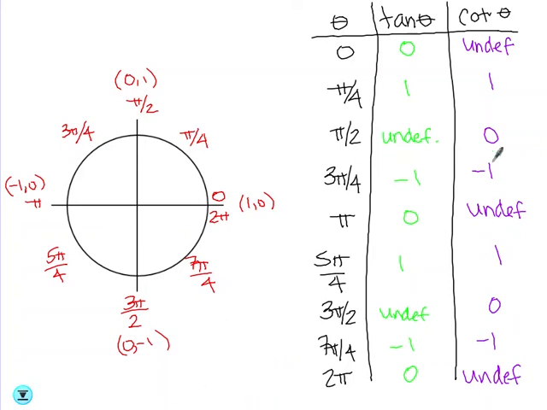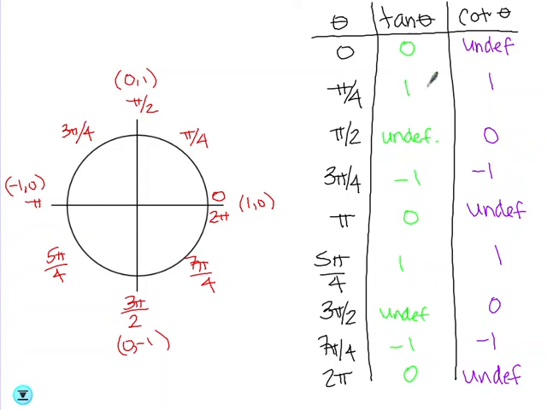So you'll notice that these values are different from the values for sine and cosine for two reasons. One, we have some undefined values, and at those values we are going to have vertical asymptotes on our graphs. The other thing that you'll notice is a difference in the period. For tangent, the pattern goes 0, 1, undefined, negative 1, 0, 1, undefined, negative 1.